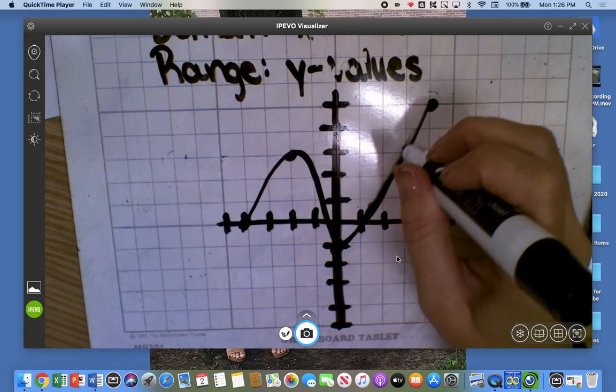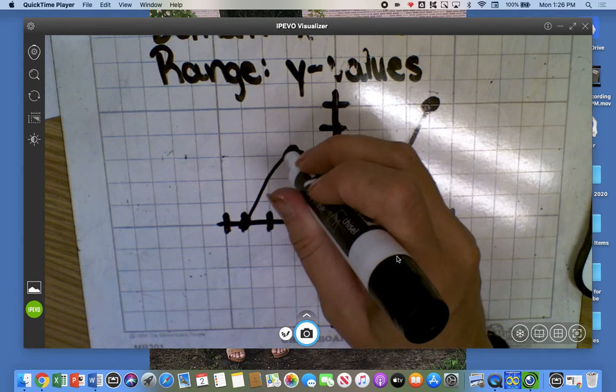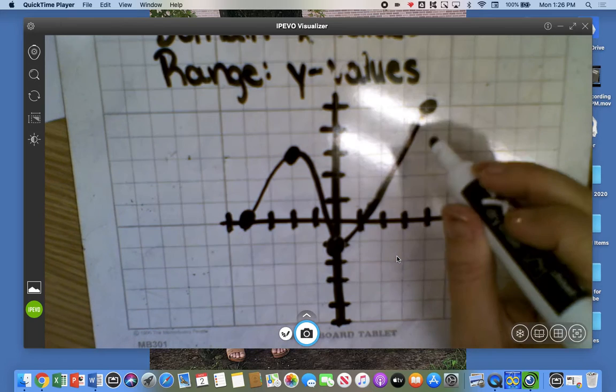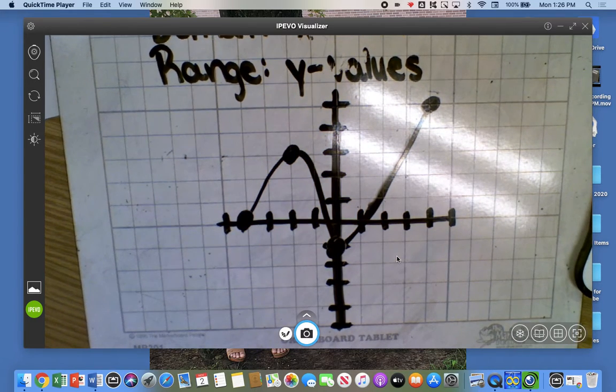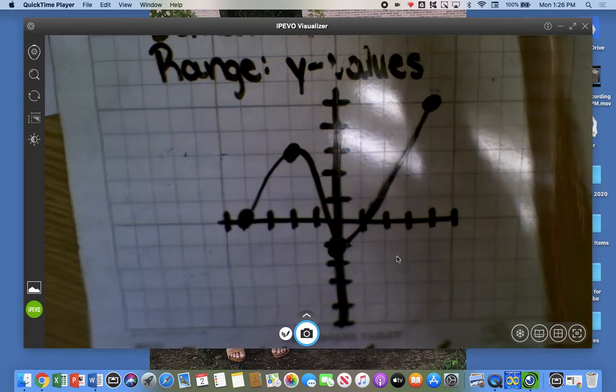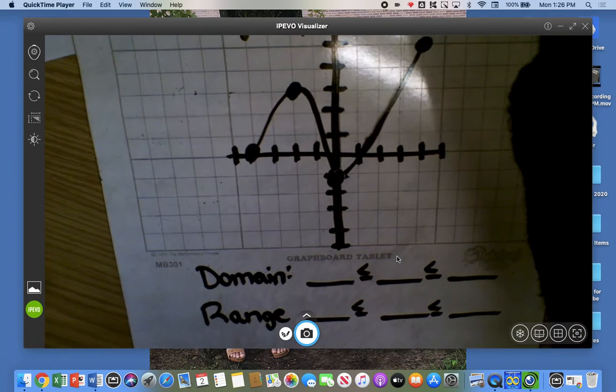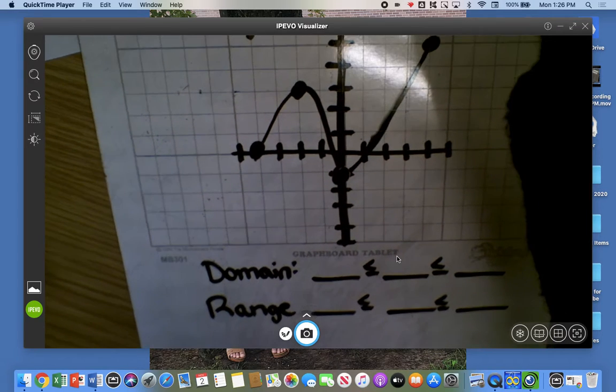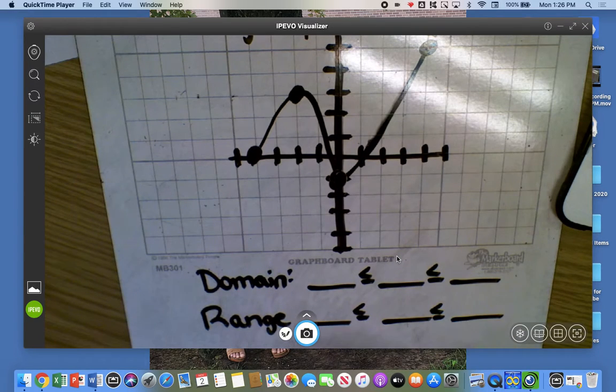If I give you this graph and I tell you to tell me the domain and range, when we have graphs, we write it as an inequality. So if I tell you to fill in the blanks like this, I'm going to lift this up to get a better angle.